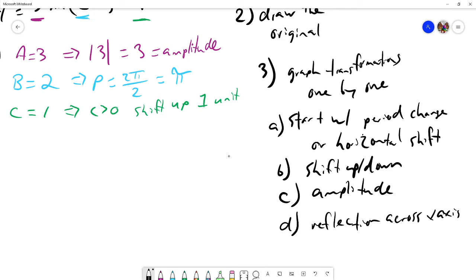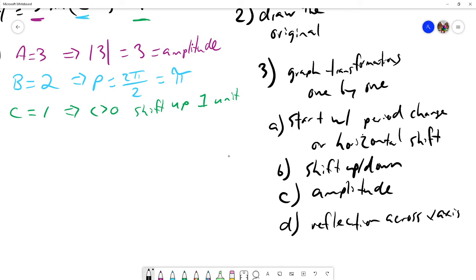Alright, so that's kind of how you want to think about it. Start with the period changes and horizontal shifts. I'm not sure which would be better first, thinking about it right now. So just consider them both. I'm just going to consider them both as the first step. Then I think the shift up and down and the amplitude, those are both really easy, but I think it's better that you do the shift up or down first and then do the amplitude change, because I've noticed some students get the amplitude and the horizontal shifts mixed up, like if they do the amplitude first.